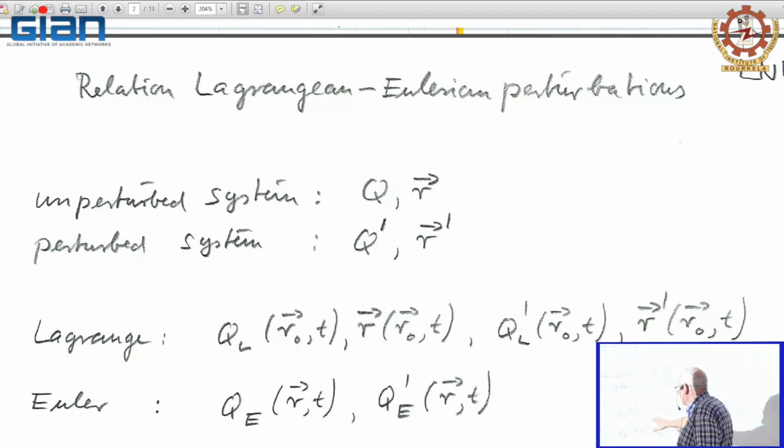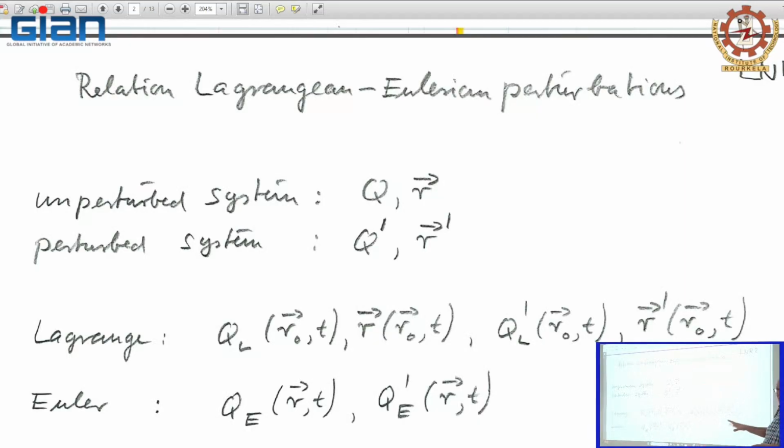Okay, so subscript L denotes the Lagrangian sense, subscript E means the Eulerian sense. So we have a quantity q in the unperturbed system depending on the initial vector r0, and a position vector, which is the dependent variable for the Lagrangian system, which depends on r0 and t.